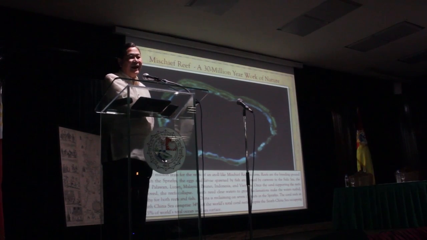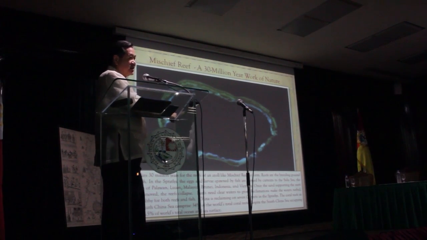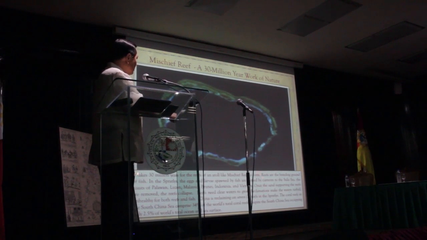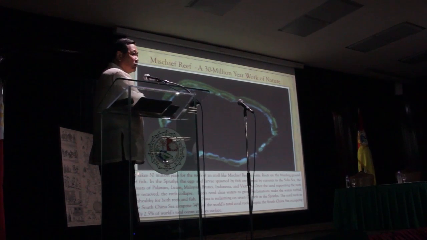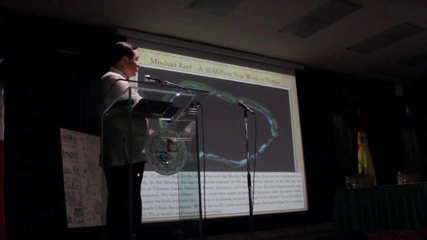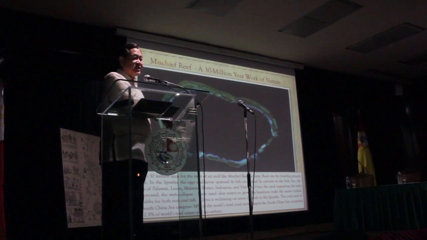And the eggs and larvae spawned in these reefs are carried by tides all the way to Sulu, to Indonesia, to Brunei, to Malaysia, to Luzon, to Vietnam. So these are important sources of food for all the littoral countries in the South China Sea.